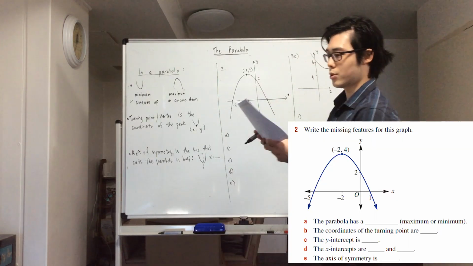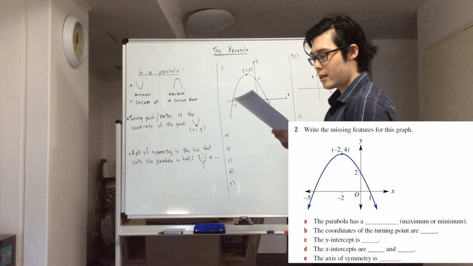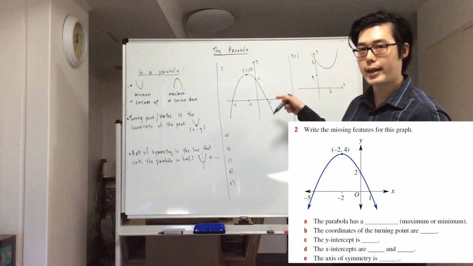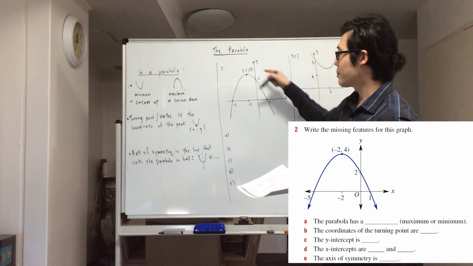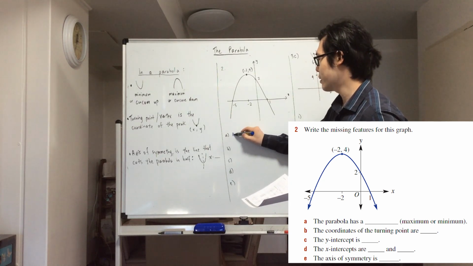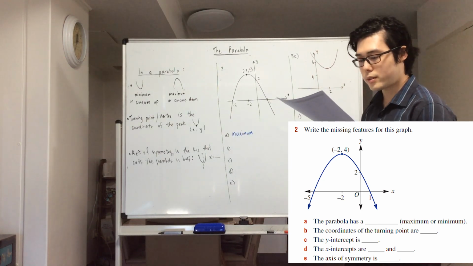So question 2, it says write the missing features for this graph. Question A, the parabola has a, once again, because this is an upside down parabola or concave down, it's called a maximum, okay? Question B, the coordinates of the turning point.